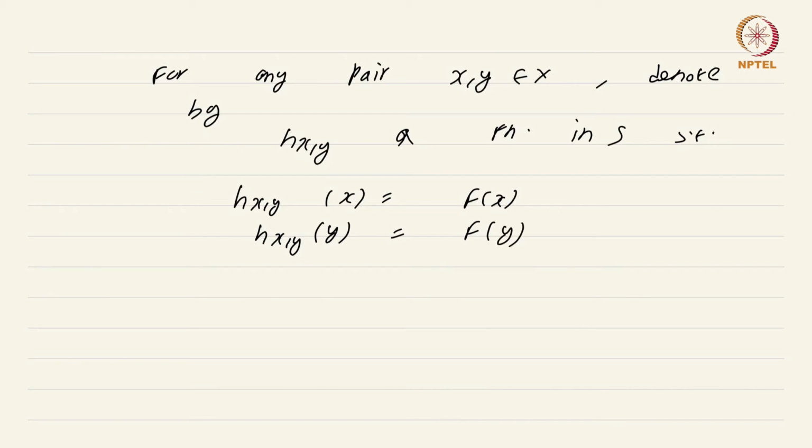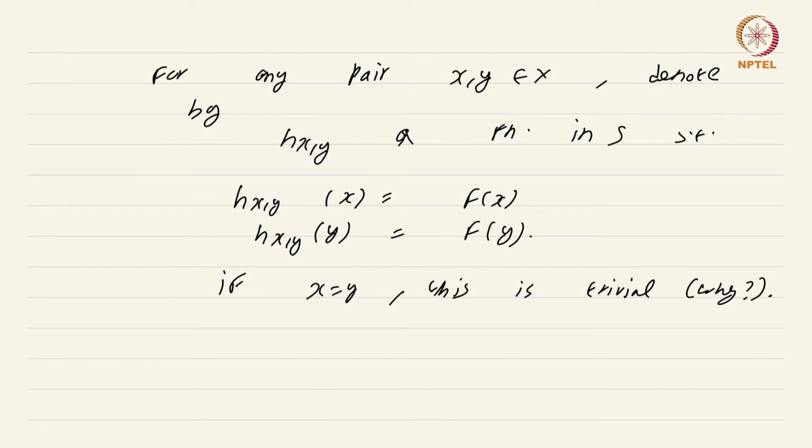And the previous argument just shows that such a function h_{xy} exists for every pair. Note, if x equals y, this is trivial. You don't need to use the previous argument.